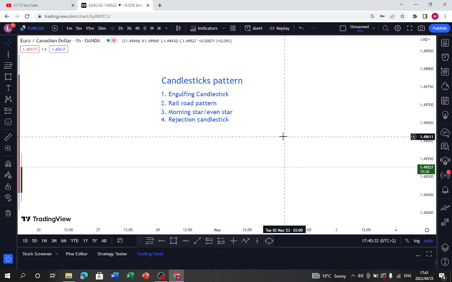The second thing, we're gonna look for a railroad pattern, also at points of interest, support and resistance, supply and demand zones.